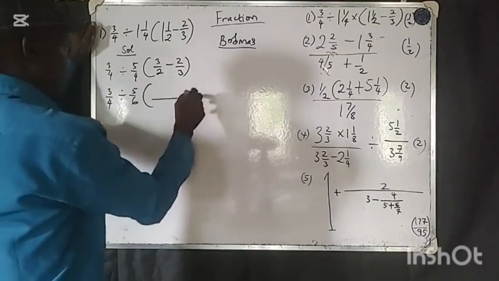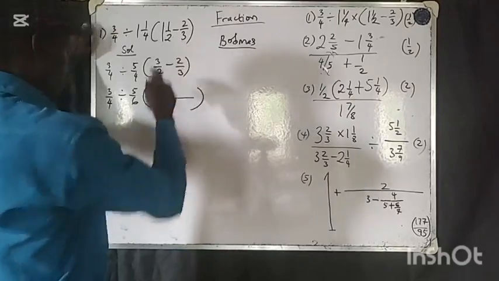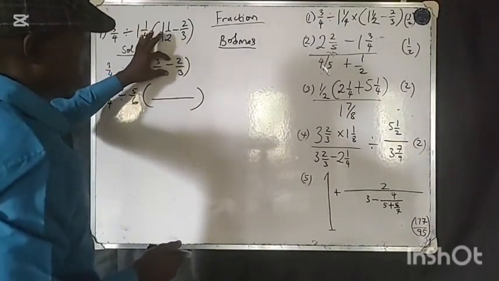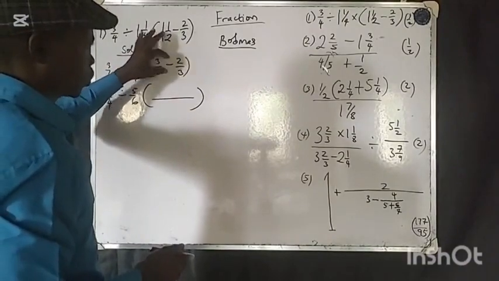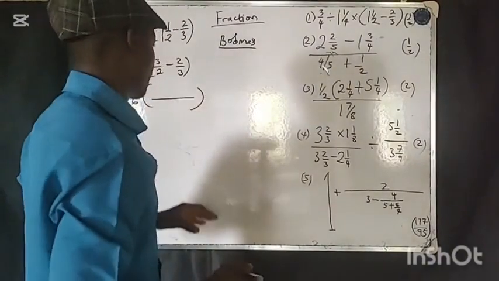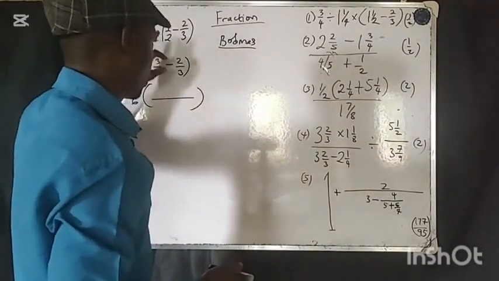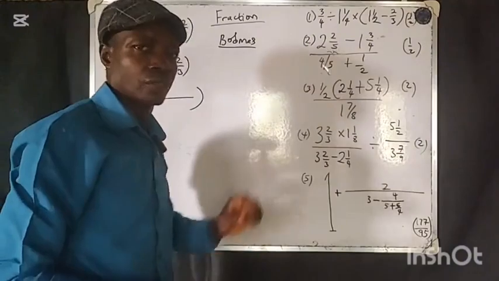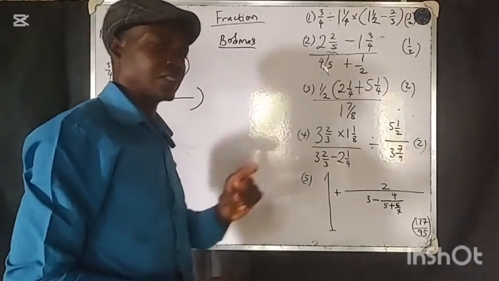Here we have minus, or addition. Whether it is subtraction or addition, we must find the LCM. When you are solving a problem in fractions, when it comes to subtraction or addition of fractions, you must find your LCM.